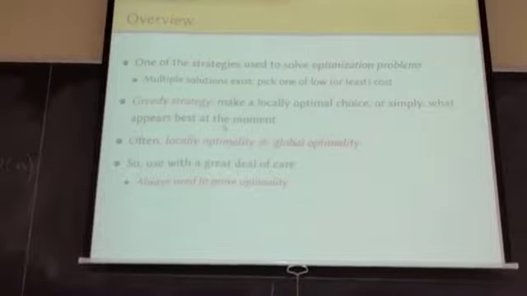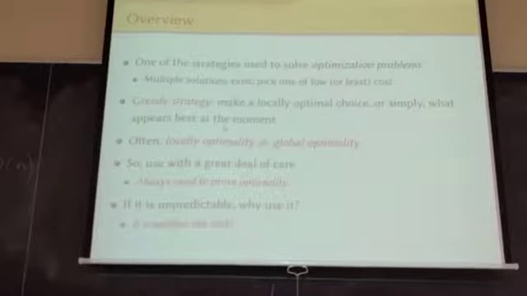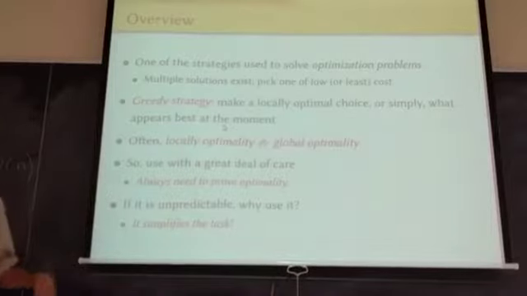And especially if you want a good algorithm, then you really need to take the effort of proving that locally optimal choices actually do result in globally optimal solutions. Of course, the reason why we like greedy is because the algorithms can be fast, because you're doing a local search instead of a global search, right?